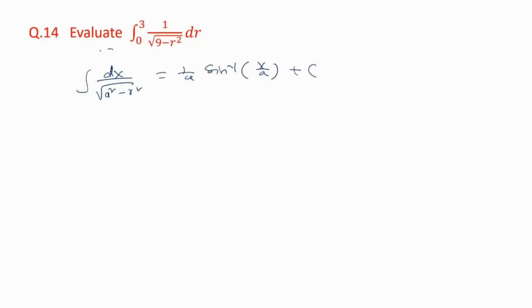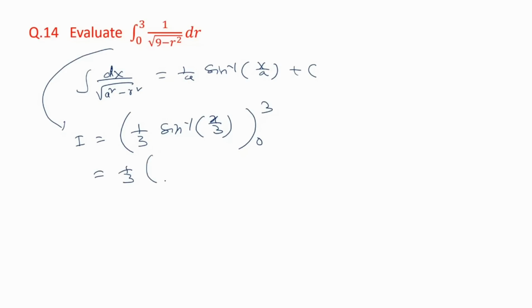So here clearly the direct answer will be I equals sine inverse x over 3, limit is 0 to 3. So this is sine inverse 1 minus sine inverse 0. Sine inverse 1 is pi over 2, so this is 1 over 3 pi over 2, so pi over 6.